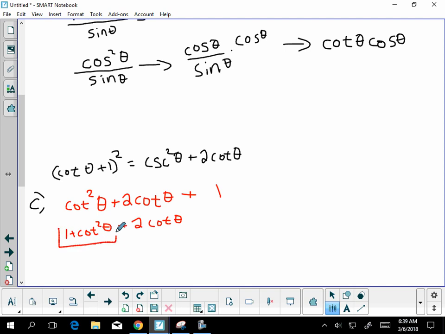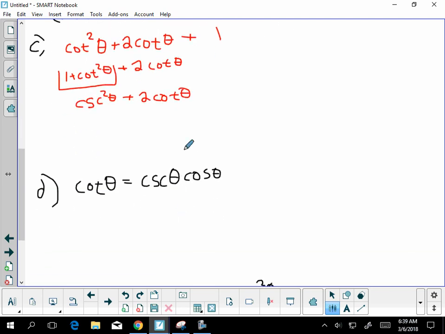This right here is a Pythagorean identity. 1 plus cotangent squared is cosecant squared theta. So there, I just proved that one side equals the other.